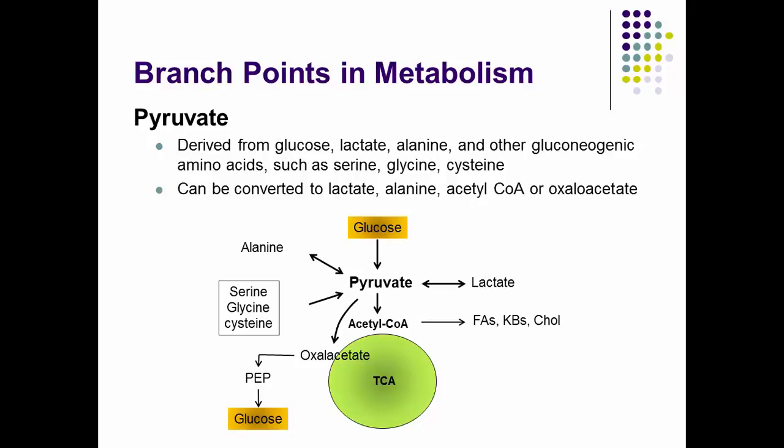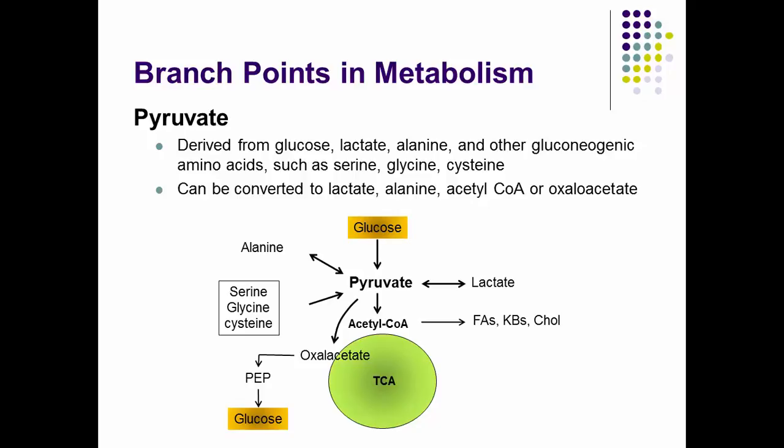Okay, so the second branching point, the important metabolite, is pyruvate. Pyruvate is also very important, right? It connects to a lot of different metabolic pathways. Basically, pyruvate is derived from the metabolism of glucose, different types of amino acids, and can also be converted from lactate, right?